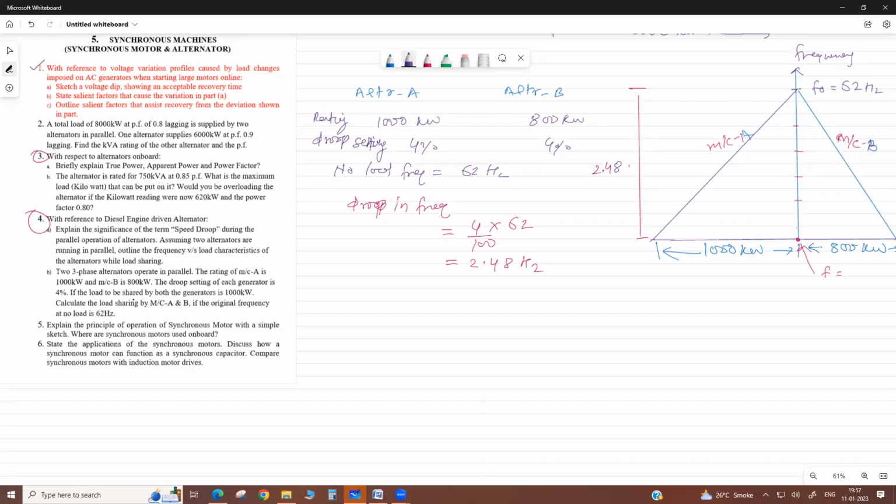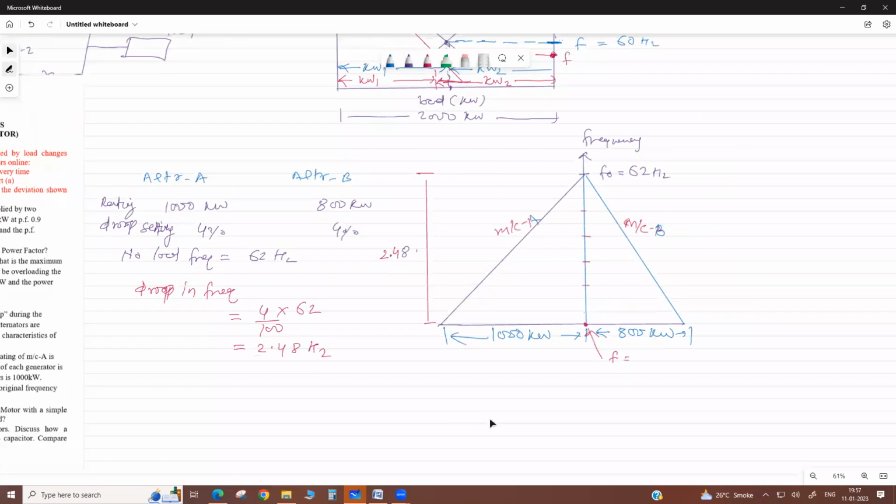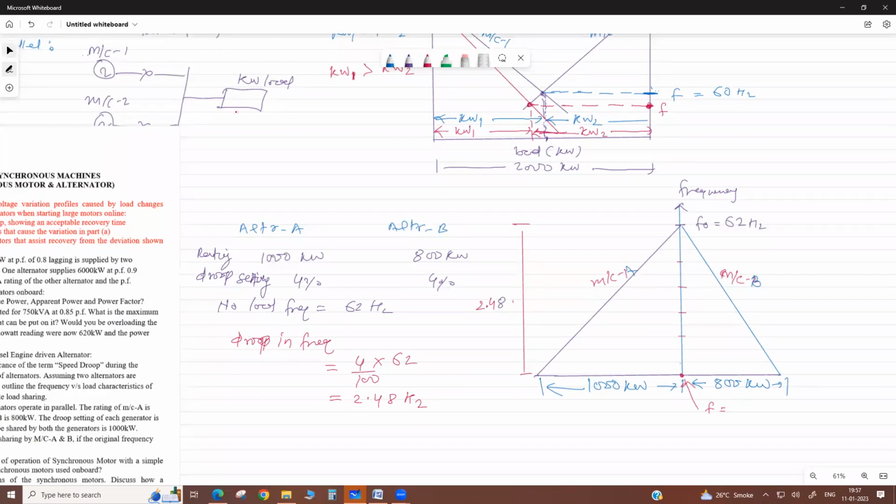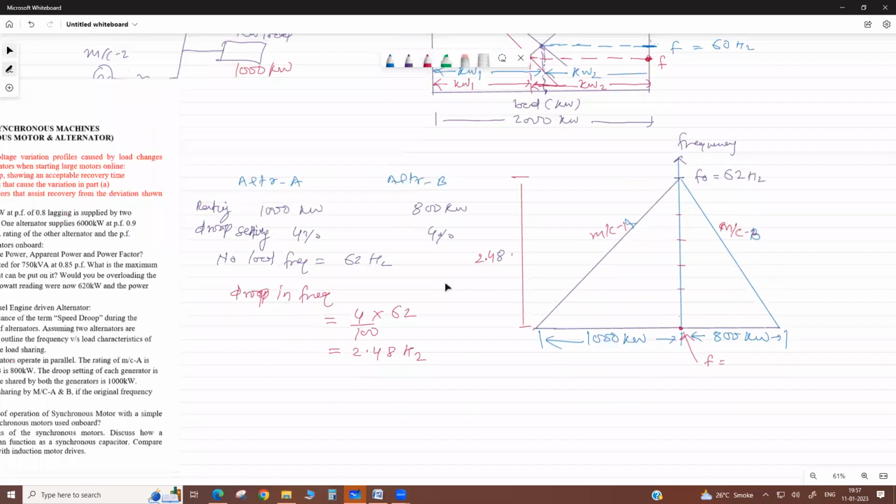Correct. Now, if load on one machine, total load. So what is the total capacity available now? Now, we say that if total load is only 1000 kilowatt, then what is the kilowatt load on machine A, machine B, and what is the frequency of this bus bar at this load? They ask this type of question.